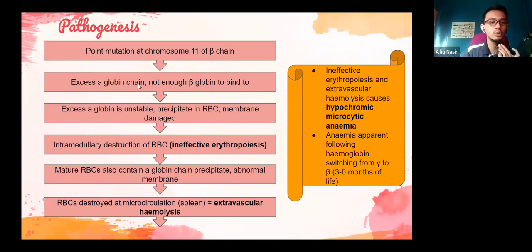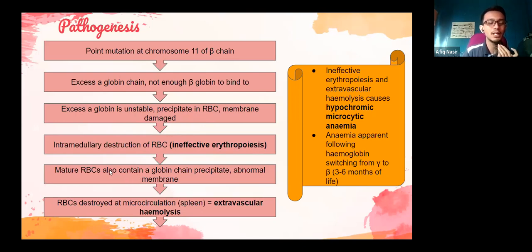The ratio will be 2 to 1. The excess alpha globin is unstable, and this will cause precipitation of alpha globin chain in the red blood cell, causing membrane damage of the red blood cell. And this will cause destruction of the red blood cell precursors in the bone marrow, causing ineffective erythropoiesis.